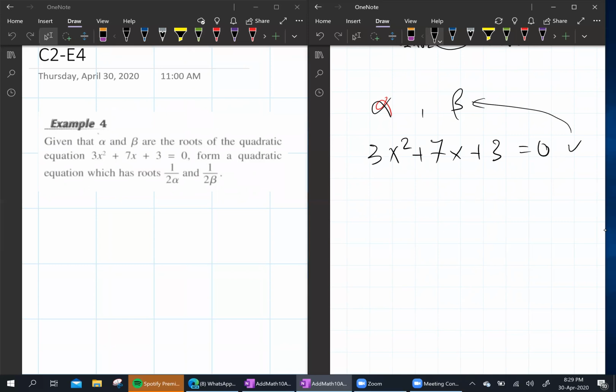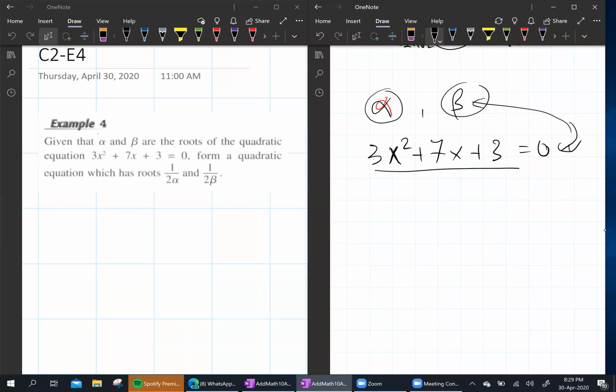That means your x has got this value. So the x values are alpha and beta for this equation.